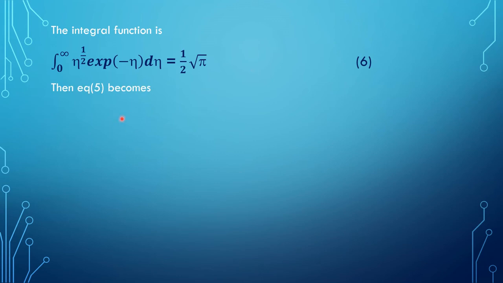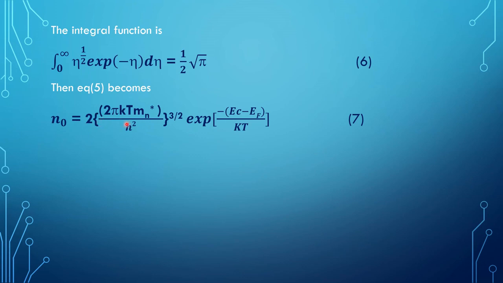So from equation 5 we get N0 equal to 2 into (2 pi kT mn star divided by h square) to the power 3 by 2, times exponential minus (EC minus EF) divided by KT. We define this term, (2 pi kT mn star divided by h square) to the power 3 by 2, as NC, the effective density of states function in the conduction band.